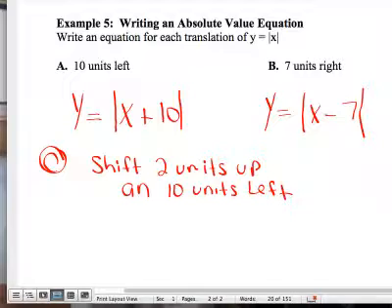So write an equation. You're going to have to incorporate both shifts. You need to shift 2 units up and 10 units left. Write the equation for that.